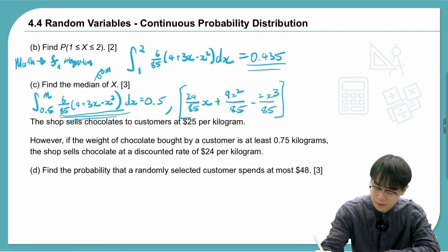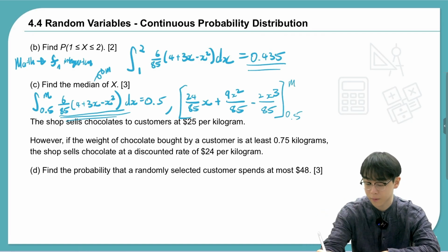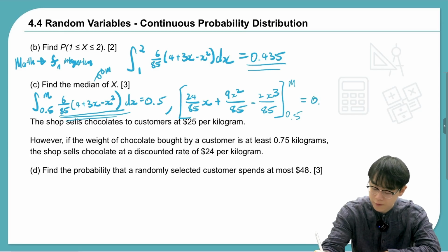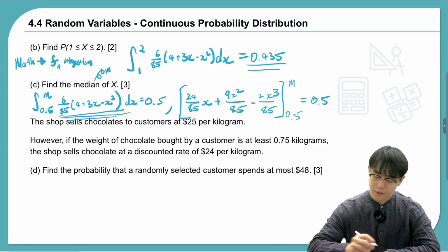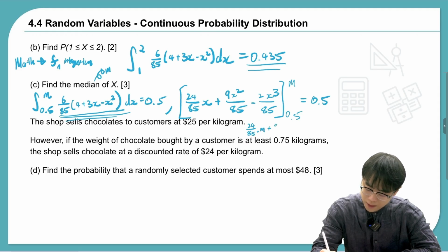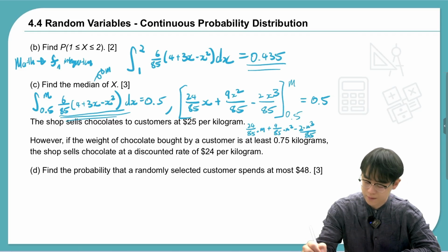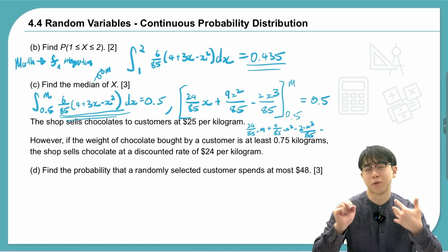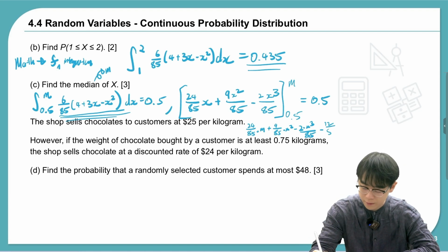We want to substitute in m and 0.5. So doing this definite integral, that should give us 0.5. Okay. So if you were to plug this in, we could have 24 over 85 times m plus 9 over 85 times m squared minus 2 times m cubed over 85, minus, now if you do x is 0.5, that's going to be 12 over 85.